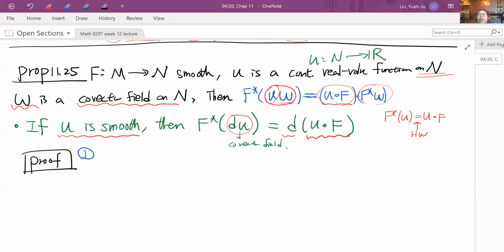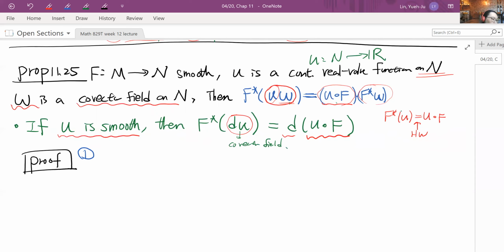The other way is by using the tangent vector: when you plug in the tangent vector, you hope the left-hand side gives you the same thing as the right-hand side. So either you do the abstract definition check, or you go through the tangent vector, depending on which is easier or more straightforward.